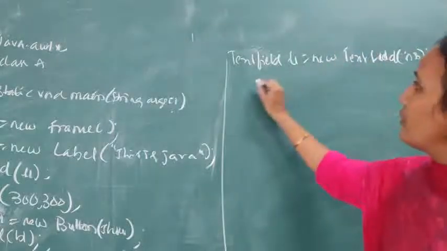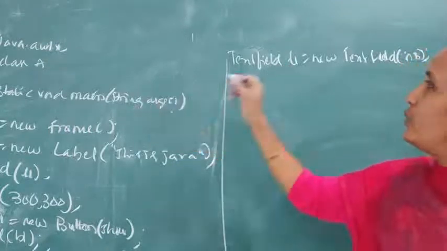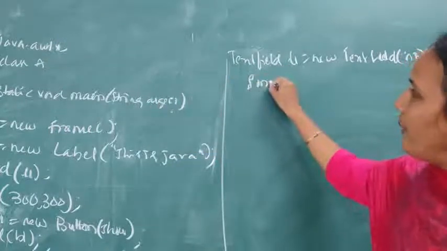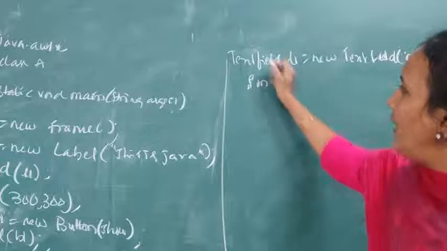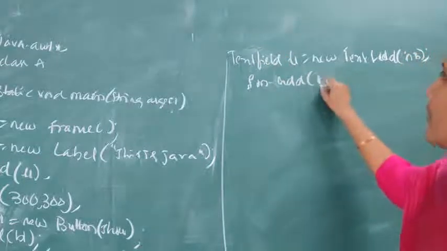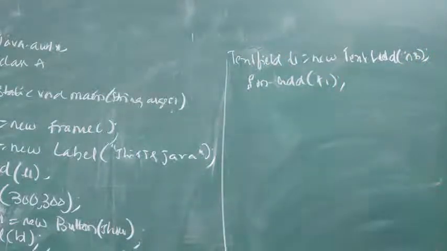Now, this text field should be added to the frame. So FM.add(T1). Whatever component you are creating, that component should be added to the frame. This is for the text field.